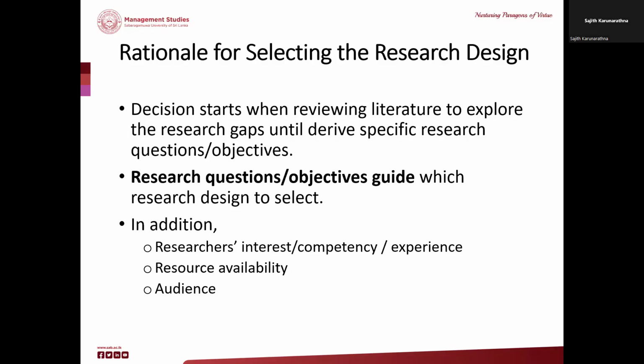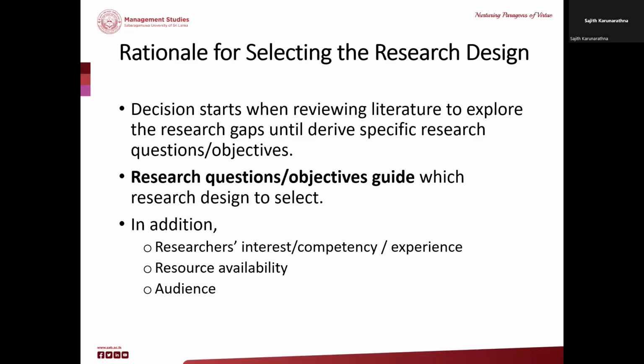But at the level of PhDs and above, we do not consider researchers' interest, competencies, and experience. Instead, we proceed with the nature of the research problem we have at hand.